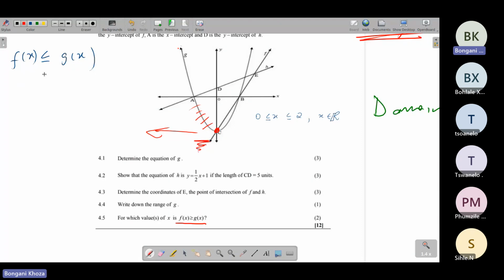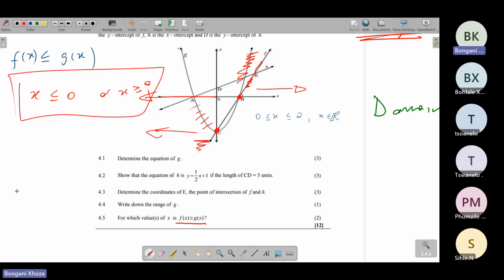So your x value has to be less or equal to 0. Remember, from here going that side, those values are less than 0. Or starting from here, going that side, the parabola is greater or above the straight line, so x has to be greater or equal to 2. Your question could have been phrased in this way, and this is how you were supposed to answer it.